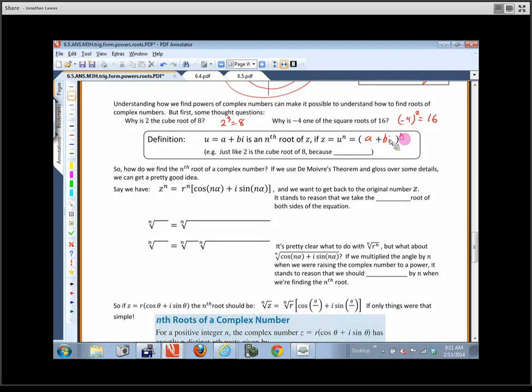That's how we'd know for sure that it's actually a root. If it was the second root, you can raise it to the second power and it equals the number that we want. Just like 2 is the cube root of 8 because if I take 2 and cube it, I end up with the number that I want. So if the number that I want is z, I've got to be able to take that root that we think it is, raise it to the nth power, and end up with z.